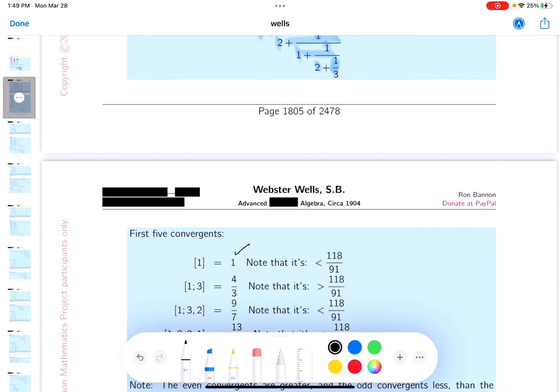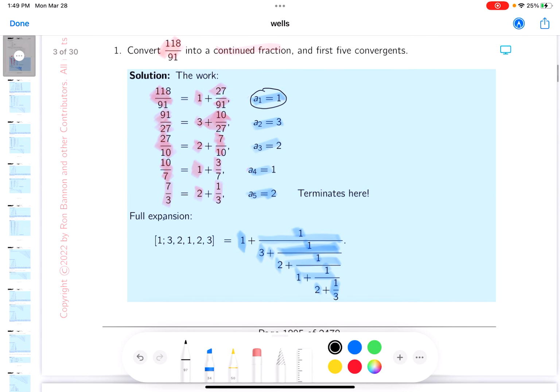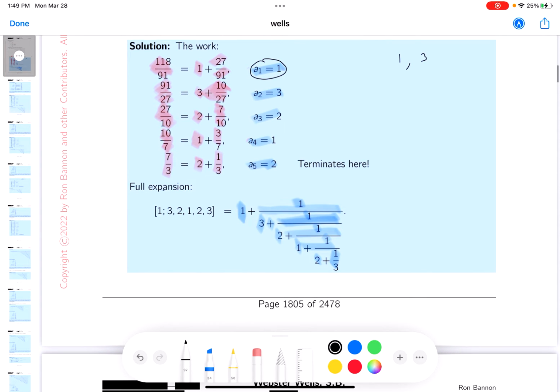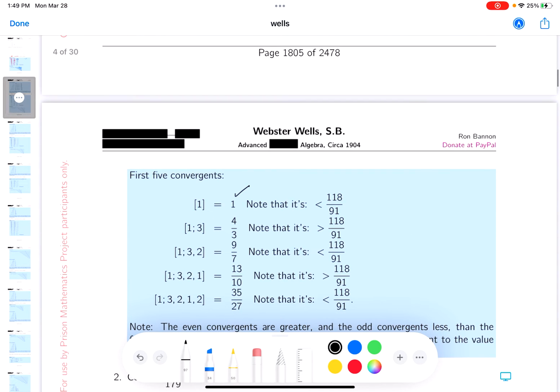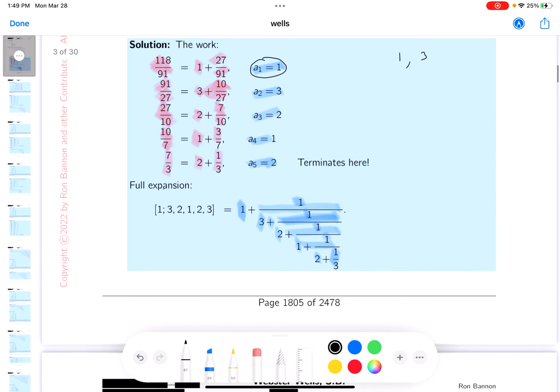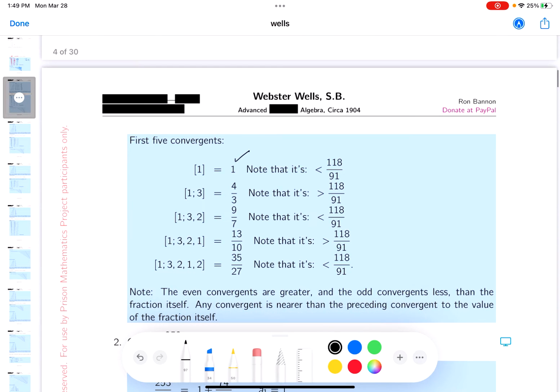By the way, don't worry about what I'm saying about this thing being less than or greater than. Don't worry about that. The next one's 1/3. Put this over here. There's a 1 and a 3 over here. Now you have to understand what that means to me. 1 and 3 actually means 1 plus 1/3. What's that going to give me? 4/3. And that's right over here.